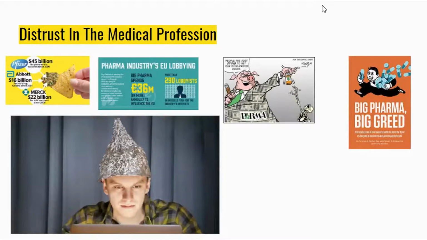What we tend to find as well is that when there's this distrust in the medical profession, it opens up the door for alternative remedies and alternative treatments. And it's often seen that they're not after your money, but big pharma is, and people will veer towards the wellness industry, for example, the alternative medicine industry, as a way to avoid falling into this big pharma trap.